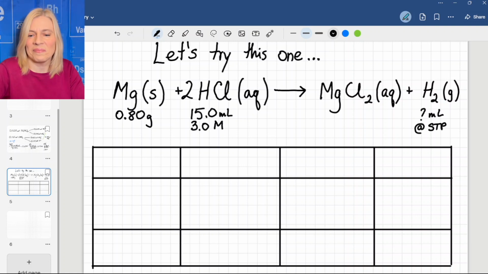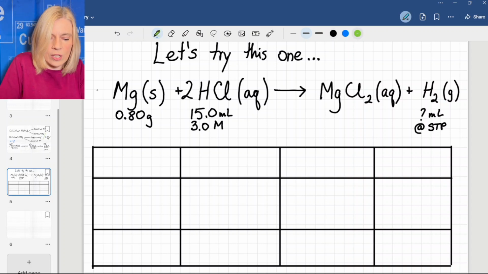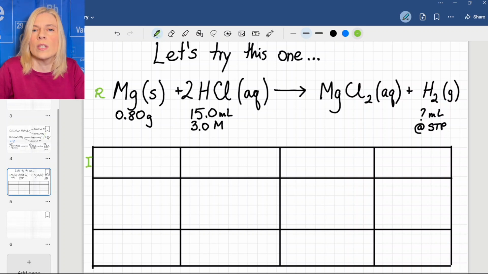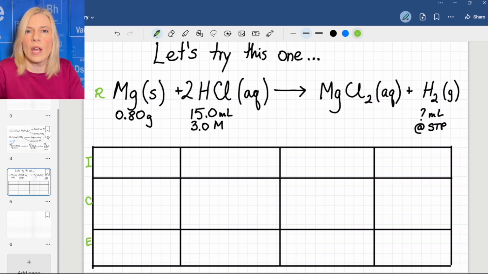So we're going to do again our RICE table. R stands for reaction. We wrote our chemical reaction. I is my initial concentrations, or initial amounts. This absolutely can be moles. C is for change, and E is for end. How much amount do I have at the end?